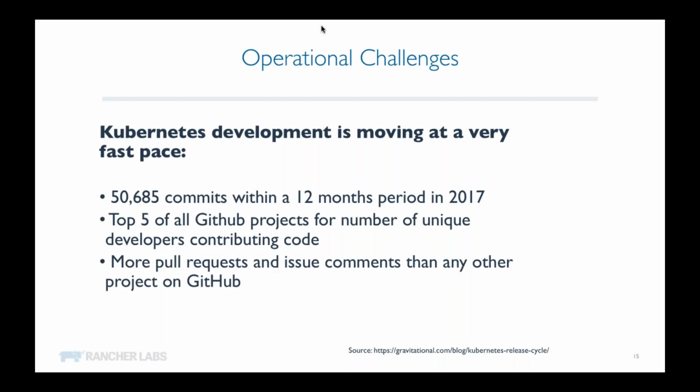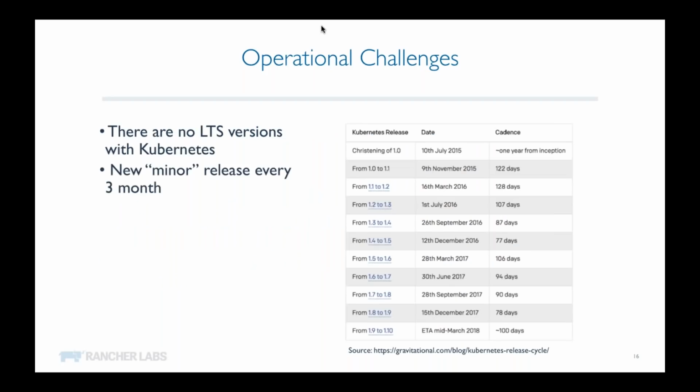That means in practice that you get a new Kubernetes release approximately every 3 months. There's no long-term support version of Kubernetes. So in practice, you will spend a lot of time qualifying new releases and rolling out updates basically every few months.